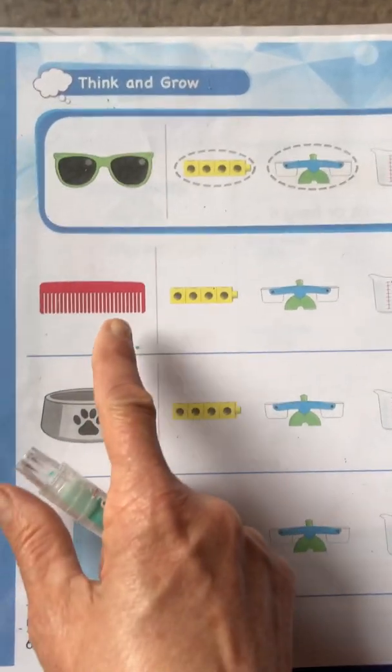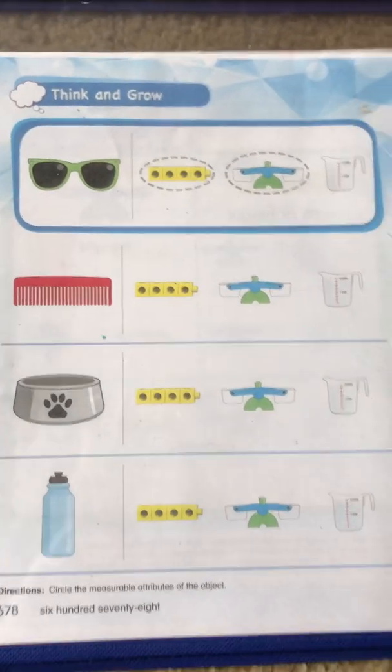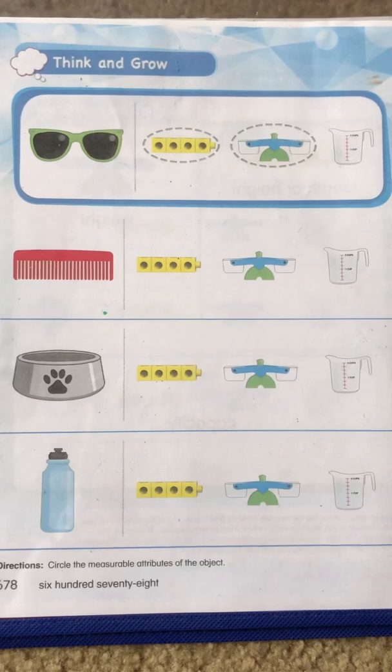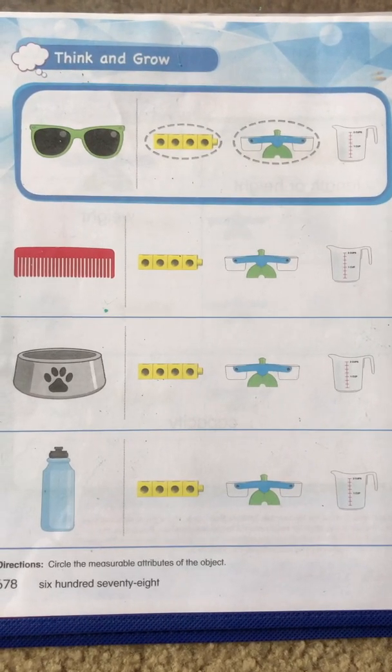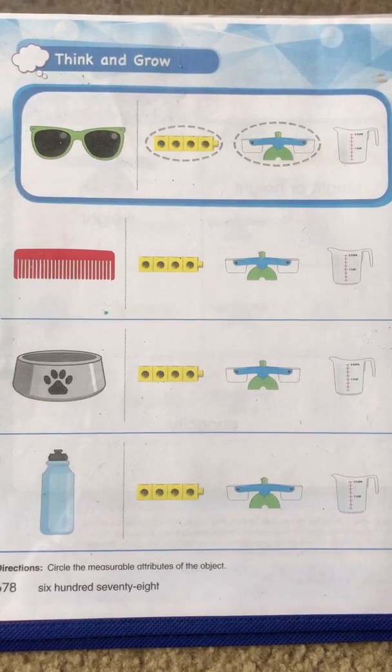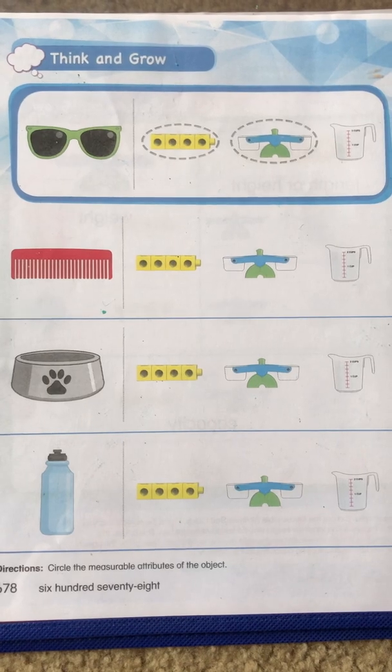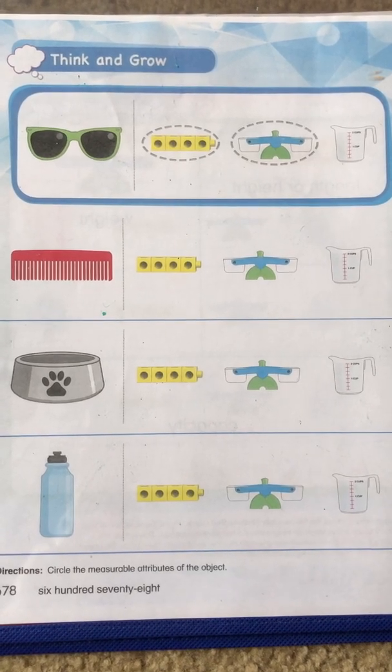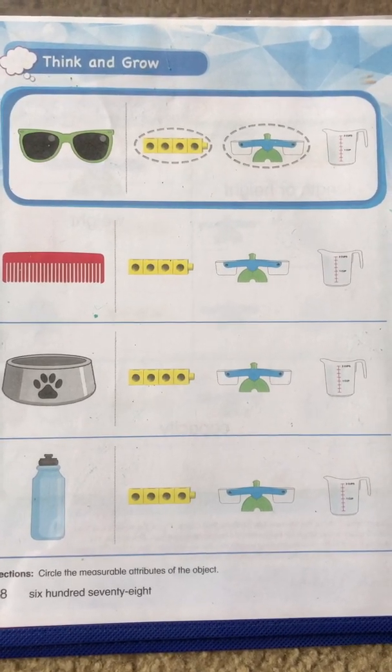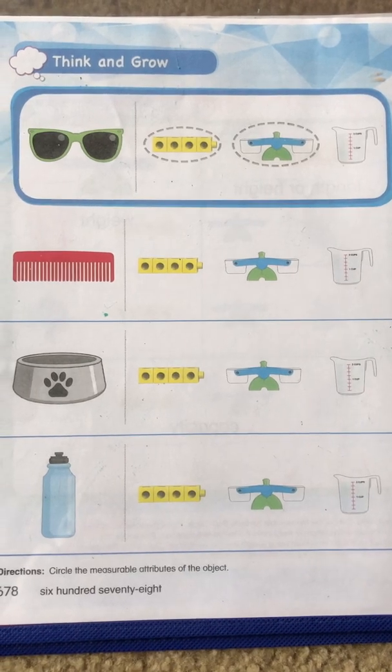It would just make the glasses wet. Now, take a look at each of these items and circle the different ways we could measure them. Okay, I'll give you a head start. You need to circle the items that you can measure.